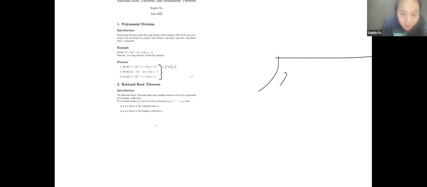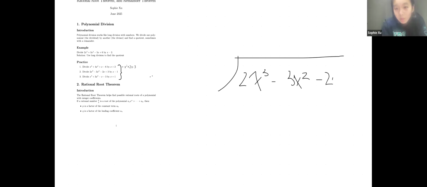2x cubed minus 3x squared minus 2x plus 3, over x minus 1.